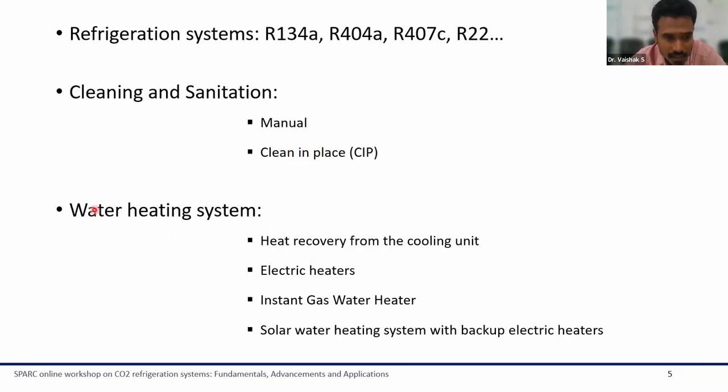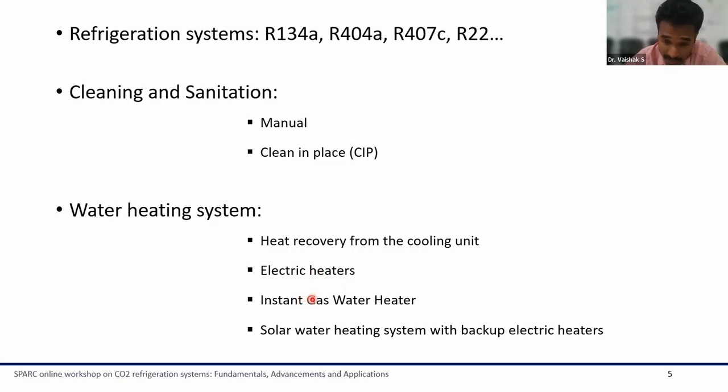So for this cleaning in place application, we generally require water at temperatures of about 80 to 90 degrees Celsius. For producing that temperature water, we sometimes use heat recovery from the cooling unit to preheat the water, and it will then be heated further to the required temperature through backup heaters, or we will directly use an electric heater for this application.